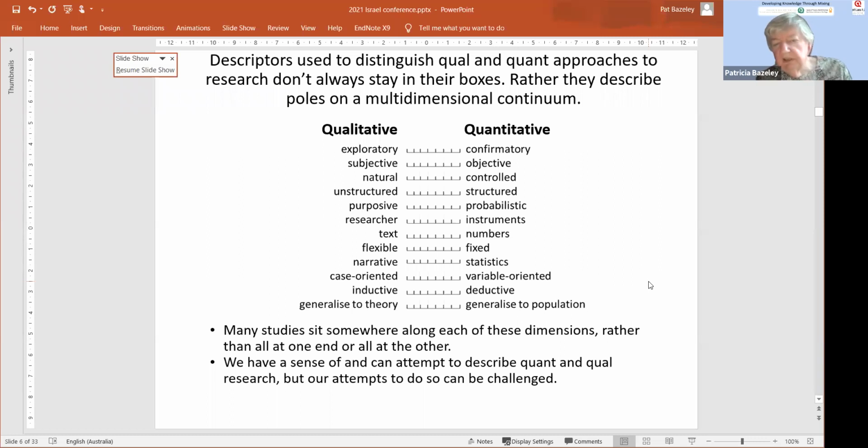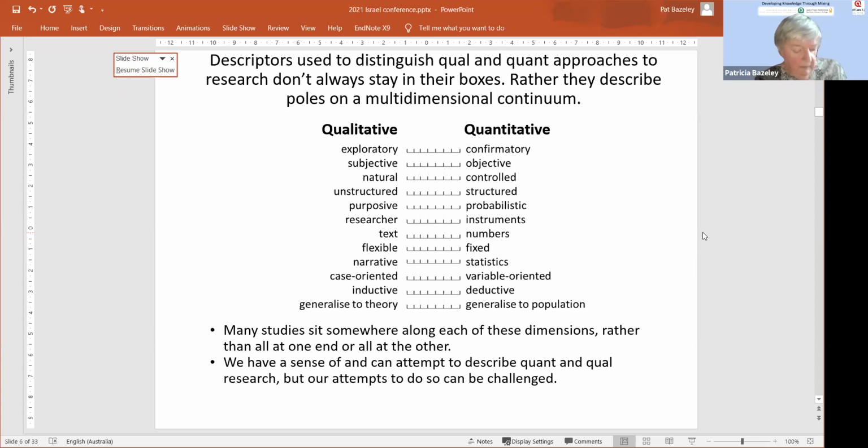It's better to see each of these ways of describing research as a sort of continuum, and many studies sit somewhere along each of these continuums. They don't sit all at one end or all at the other. Nevertheless, we do attempt to describe quant and qual research, but inevitably our attempts to do so can be challenged. If someone says that qualitative research is inductive, it's possible to challenge that and say, not always.